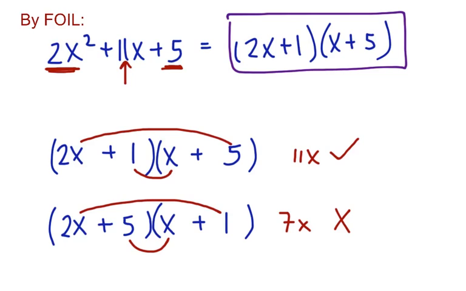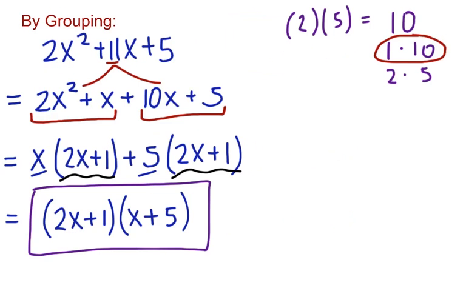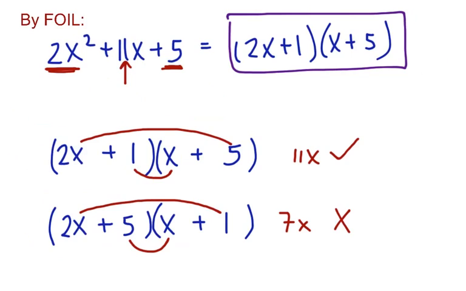So just to flip back to that last one, here we had the 2x plus 1 times x plus 5. Here it is found by another method. So that was a fairly straightforward problem. The problems can be a little bit harder, right, based on different values, but hopefully that at least clarifies the difference between factoring by grouping and factoring by FOIL.